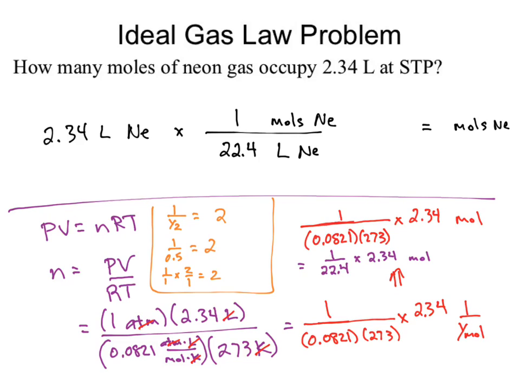What did you guys do in the calculation in black? 22.4 where? In the denominator. Where did I end up with it? In the denominator. Where did I put the 2.34? In the numerator. Guess where that conversion factor, 1 mole is 22.4 liters, comes from?